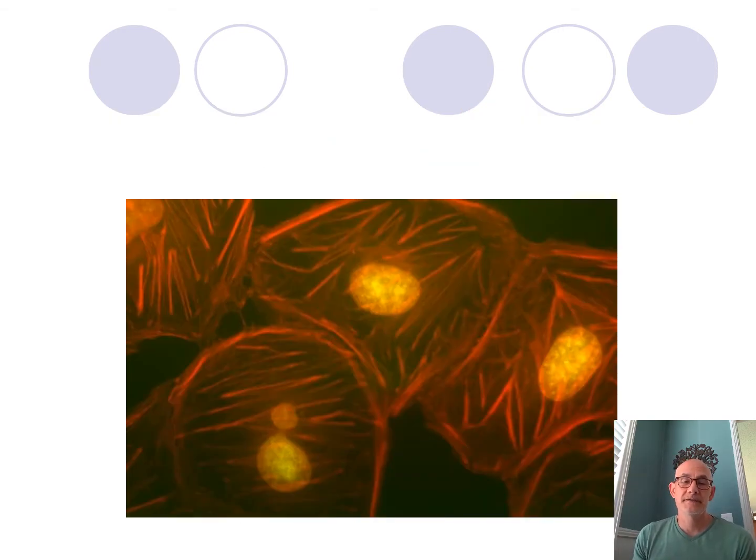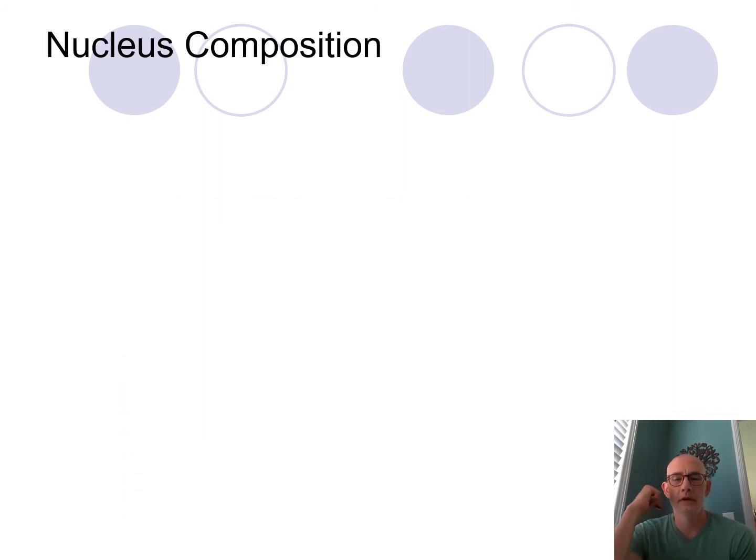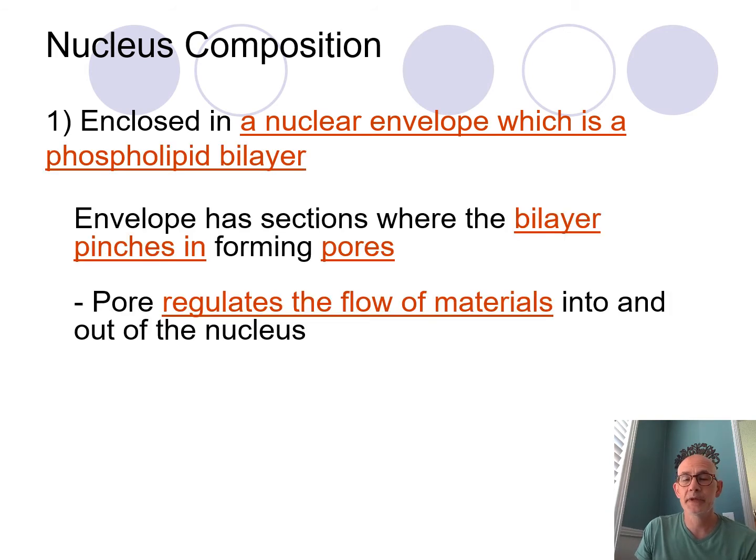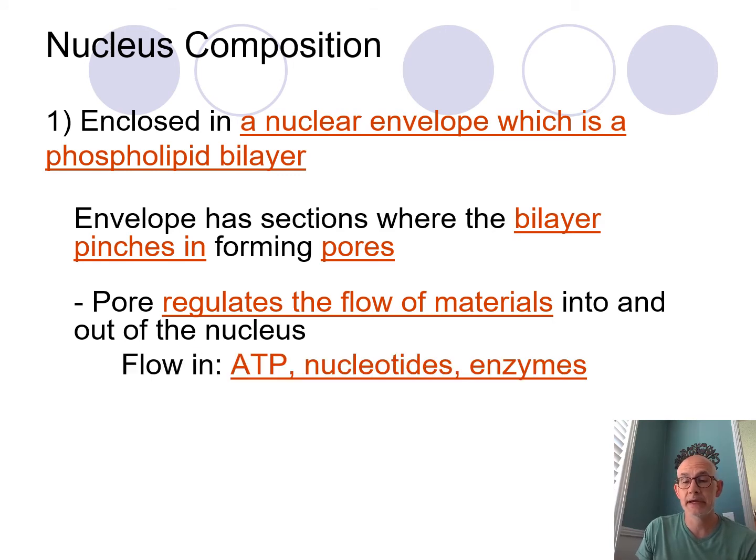Here is a photograph where the nucleus has been highlighted with fluorescent markers, so you can see the inside of it. Okay, so inside of the nucleus, we have the DNA that's enclosed by the phospholipid bilayer. We have those pores, which we said takes materials in and out.